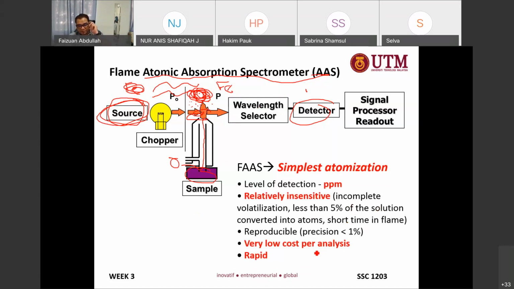And it is reproducible, meaning that if we analyze our sample again, it will detect a similar concentration. And it has a very low cost per analysis and is rapid. That is why AAS is more chosen. This is a well-known instrument in industry, compared to AES.